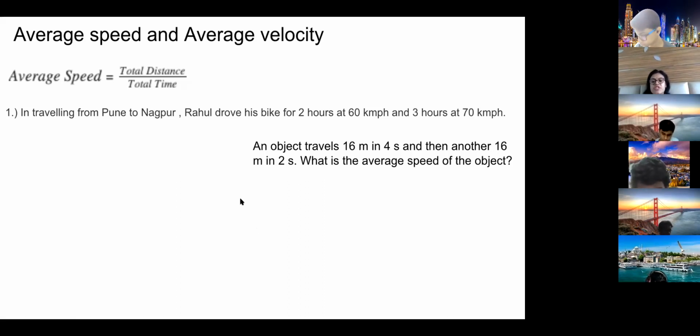Can you tell me what is D1? Saklain, what is D1? And what is D2? D1 is distance in first part. Okay, so what is the distance in first part? Distance is given now, 16 meter.